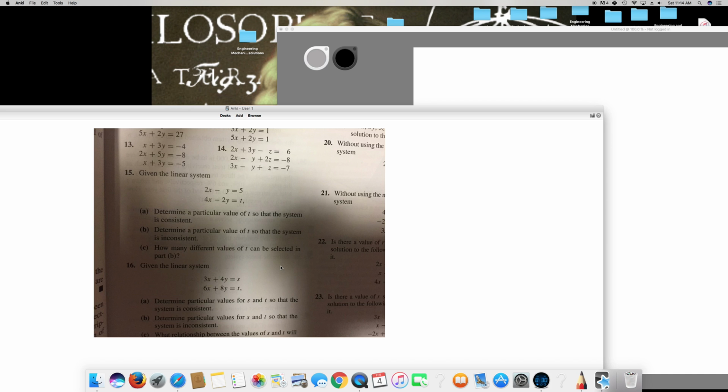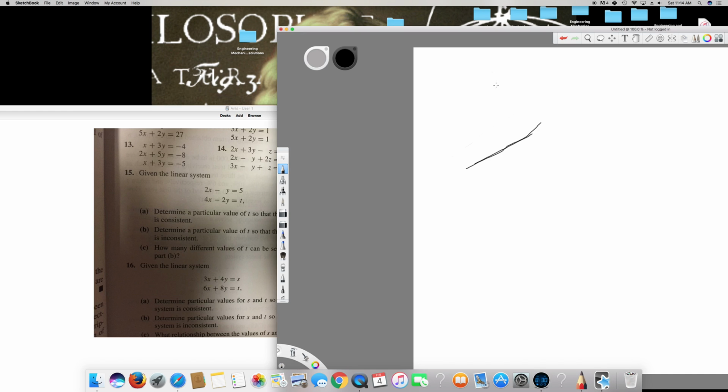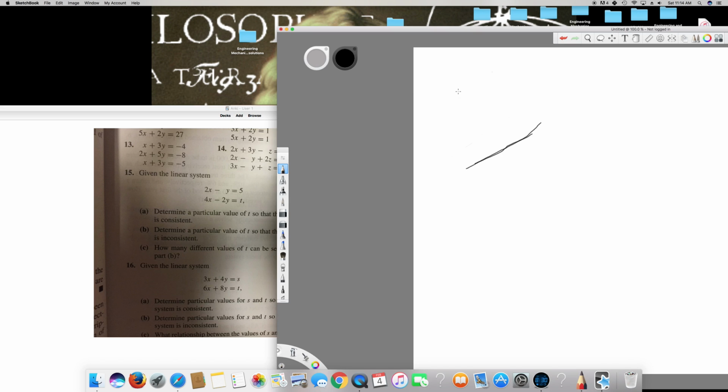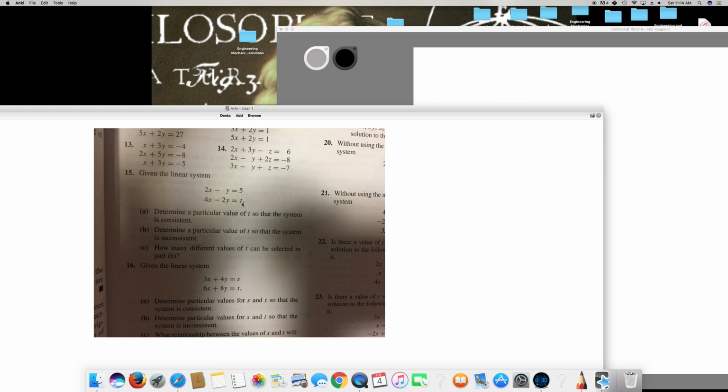So in order to get the coincident line, we have to multiply this one by 2, because then both will be the same equation and the lines will overlap with each other, right? So therefore t should be 10. Only if t is 10, then it would be consistent.